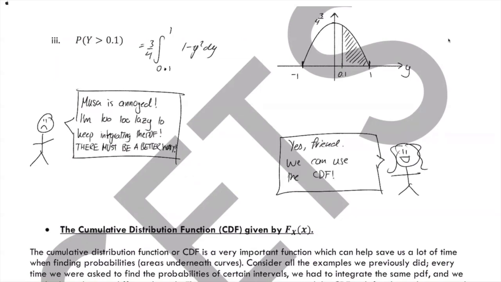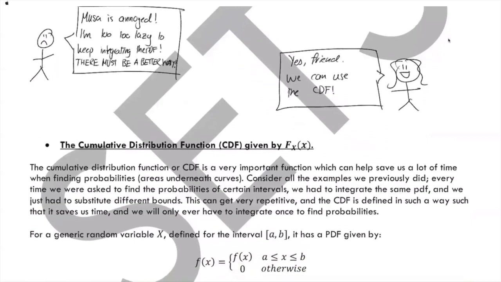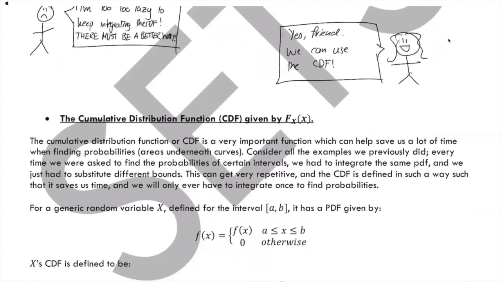Great. Okay. Let's figure out what they mean by using the CDF. So the cumulative distribution function, or CDF, is a very important function which can help save us a lot of time when finding probabilities, which is areas underneath curves.